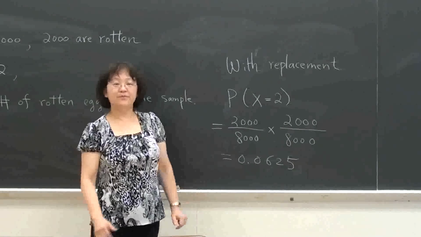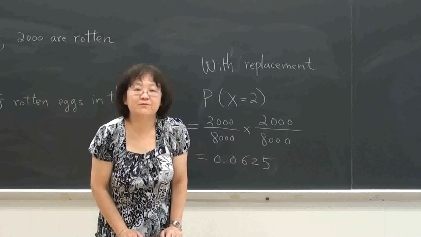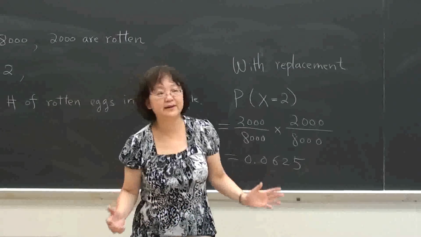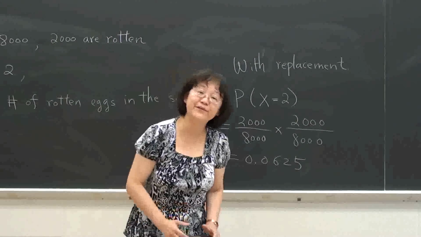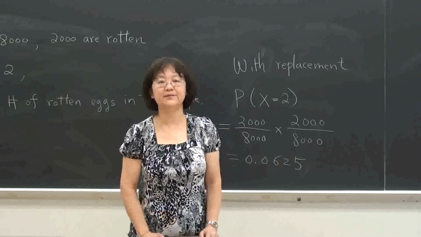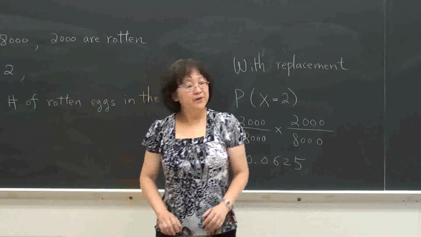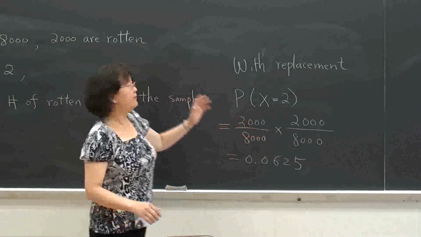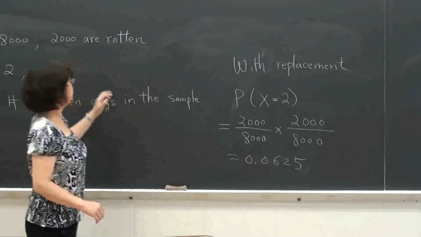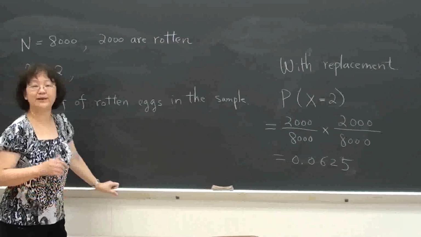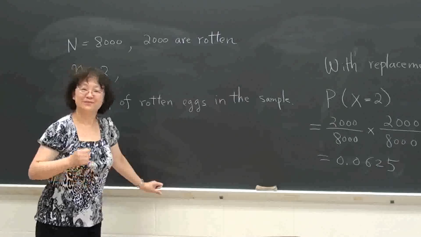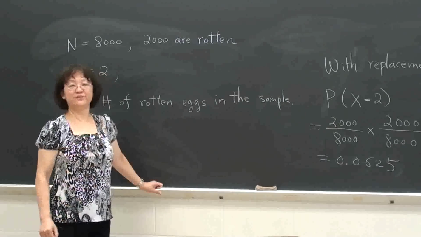In real situations, quite often, we will just say the two events are independent, for convenience, so we can compute the probability more easily. And so, in the case that we sample with replacement, or when the sample size is small compared to the population size, we have a binomial distribution.